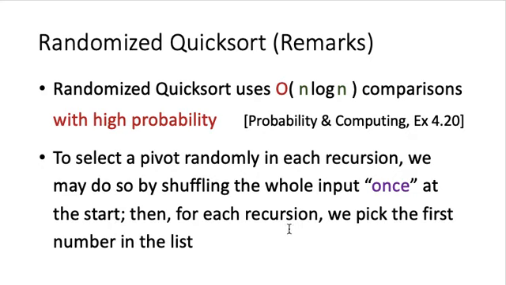Then for each recursion, we pick the first number in the list as the pivot. In that case, each number remaining in the recursive step has an equal chance to be selected as the first number, meaning we are selecting any number with equal chance to be the pivot. So that's the end of the discussion of quicksort.